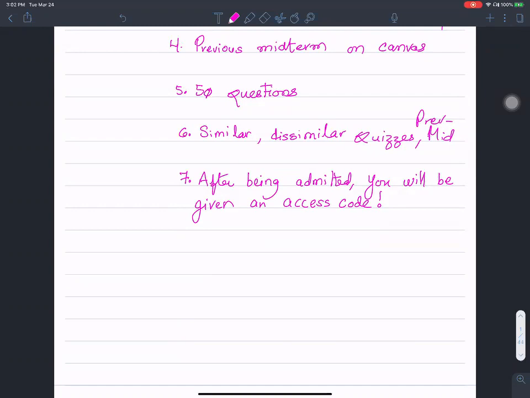In some respects, it is very similar to the previous quizzes, and in some respects, it is different. If you look at the previous quizzes and the midterm and use that as a starting point for your preparation, that would be good. Don't end your preparation with the quizzes and midterm. They should be just your beginning points. Understand the questions and the logic behind these questions.